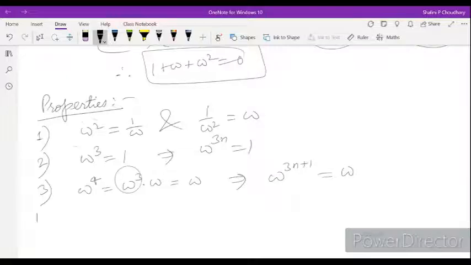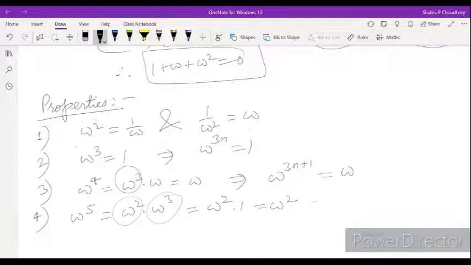Now next one is omega to the power 5 is equal to omega square into omega cube. Okay, so omega cube is equal to 1, so this will be equal to omega square into 1, which is omega square. It means omega to the power 3n plus 2 will be equal to omega square.